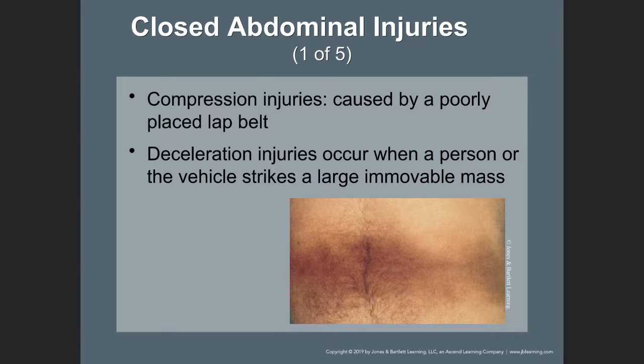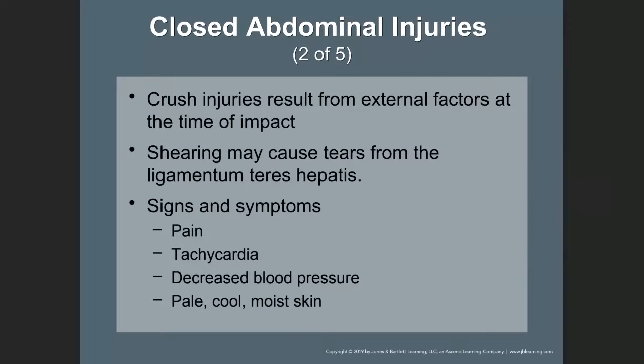Closed abdominal injuries. Compression injuries are caused by a poorly placed lap belt. Deceleration injuries occur when a person or the vehicle strikes a large immovable mass. Crush injuries result from external factors at the time of impact.